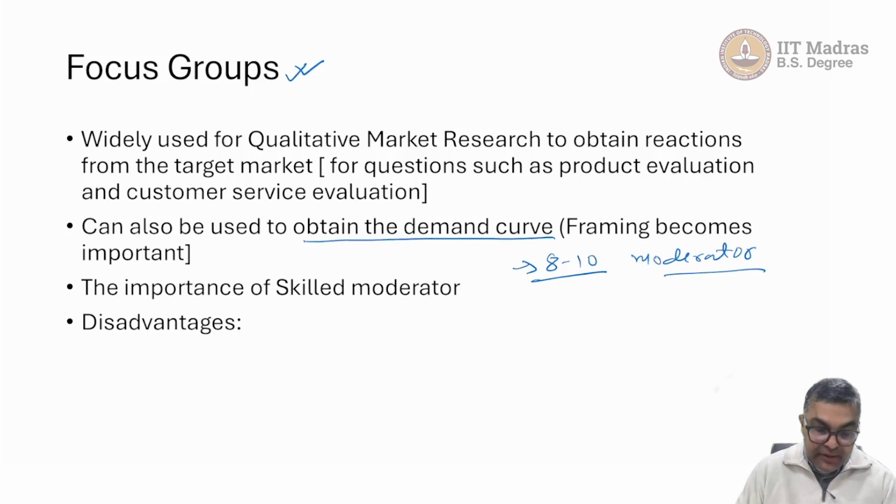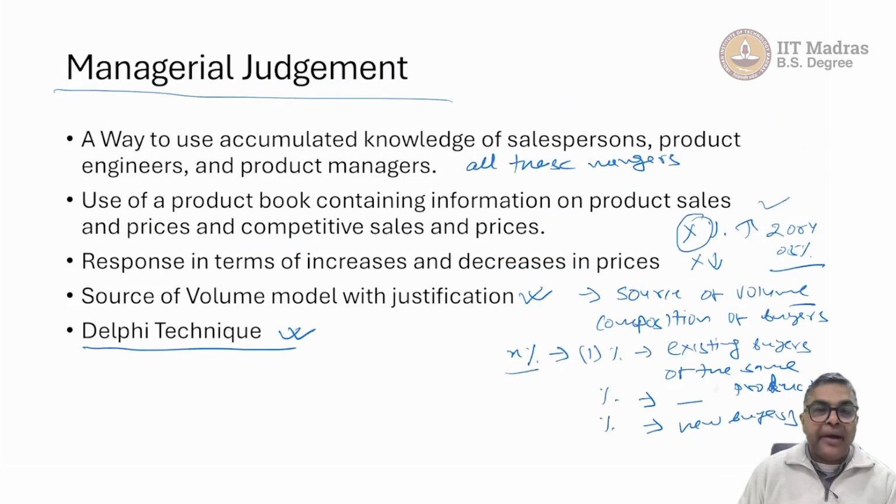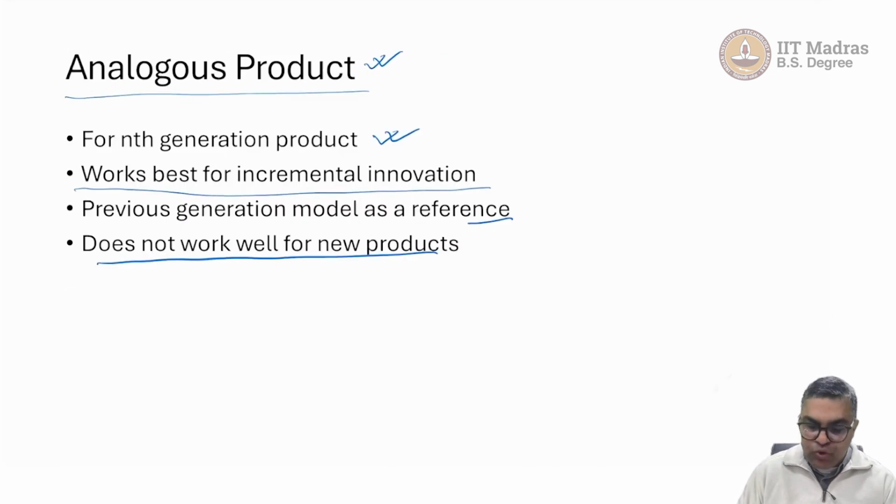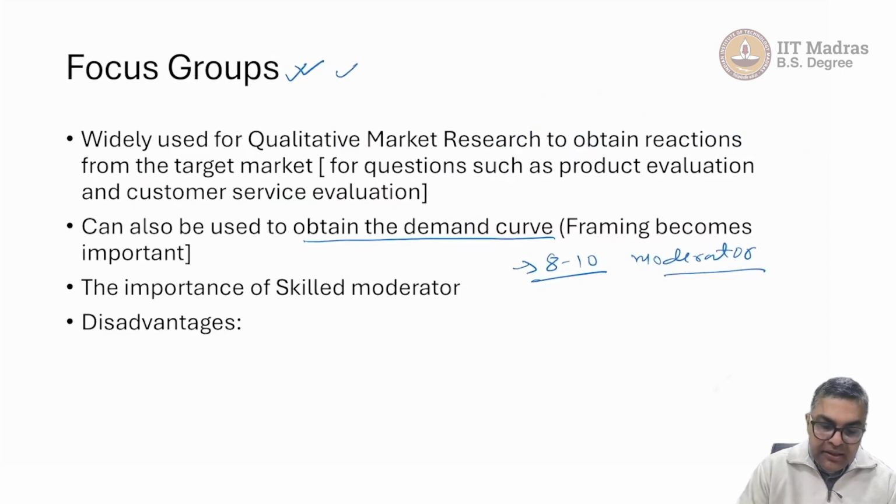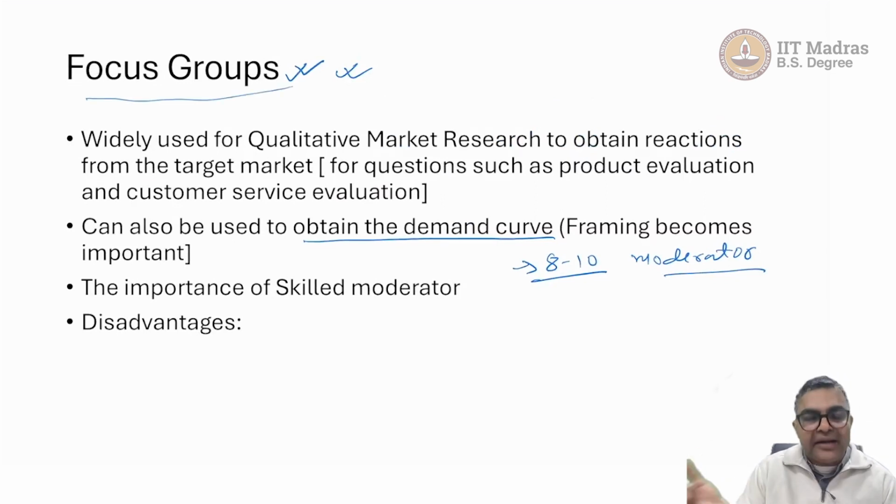In one sense it's very similar to managerial judgment, but in managerial judgment you are using the company's managers, production engineers and so on, whereas here you are using some random people as a focus group. Of course, you tend to choose people from the target customer group, and they reach a conclusion about what should be the price of the new product, or what would be the quantity response or demand response to price variation.